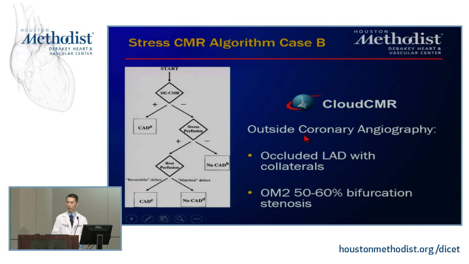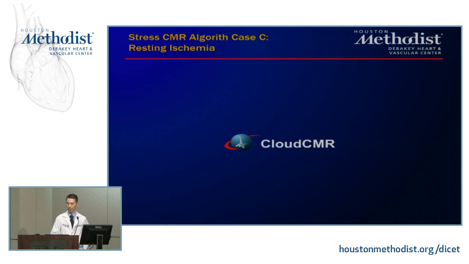So the outside coronary angio confirmed that they had an occluded LAD with collaterals, and there was actually an OM2 50 to 60% bifurcation stenosis as well. And then this is a patient with quote-unquote resting ischemia.